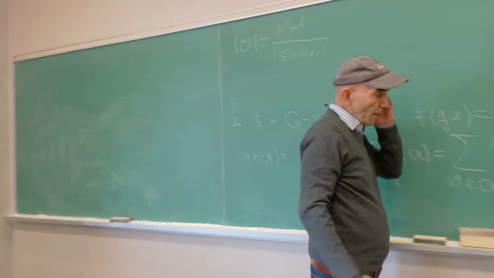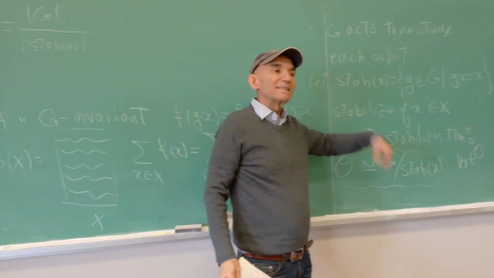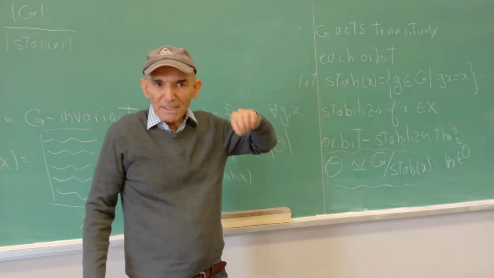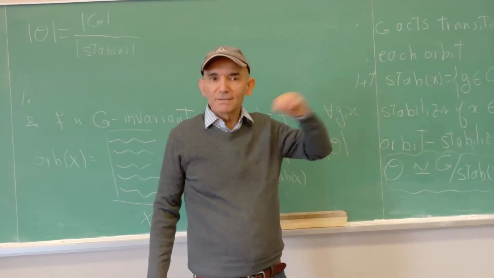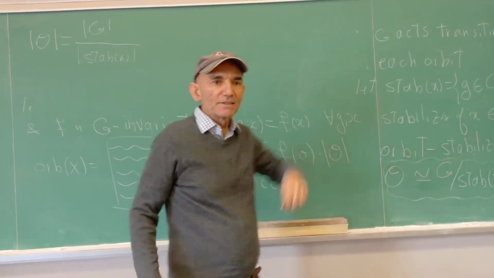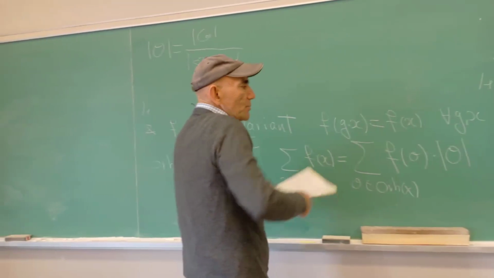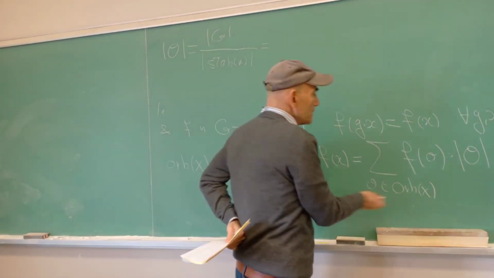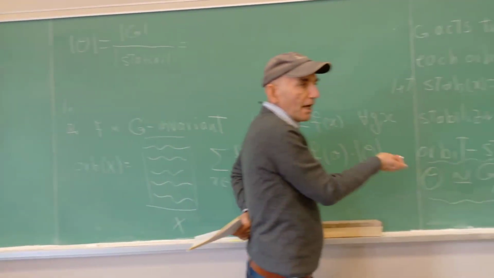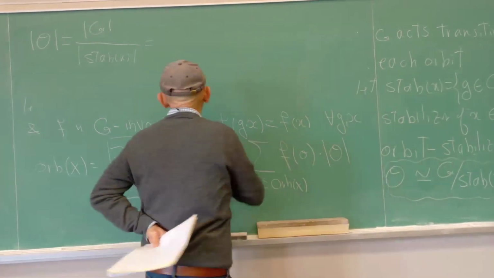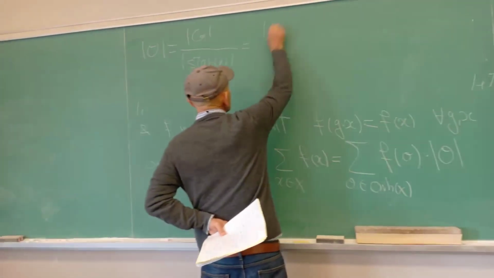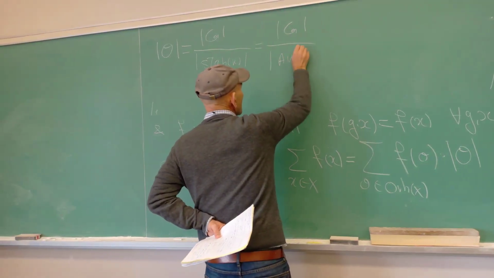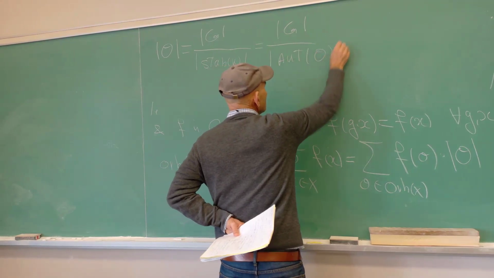Now, this stabilizer we can think of as symmetries of this object x, because it doesn't move x to another point; it keeps x fixed. So we can think of it as automorphisms of x, or in fact symmetries of the orbit itself, because we pick one representative. So this is equal to the order of G divided by the order of the automorphisms of O.